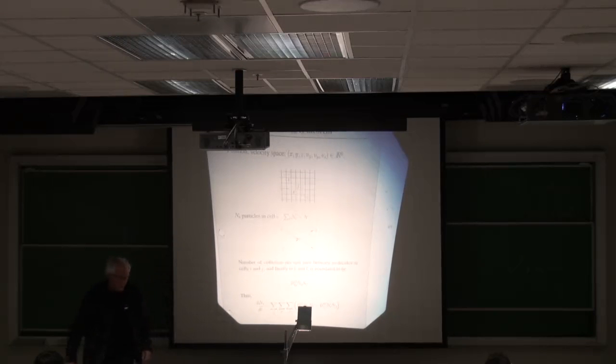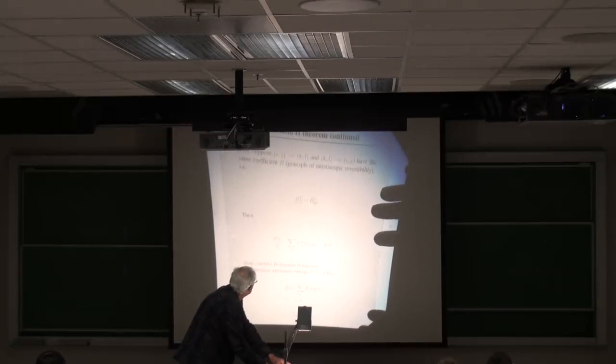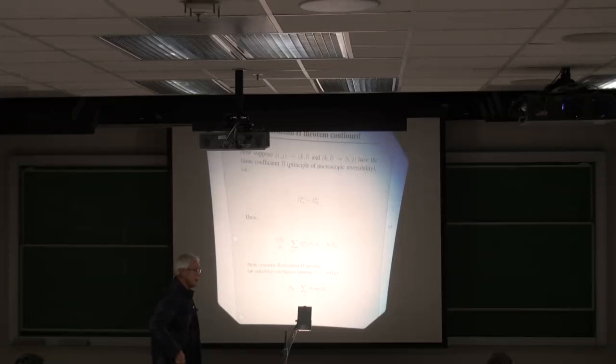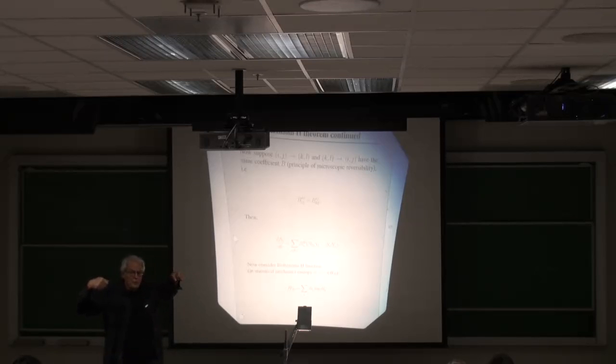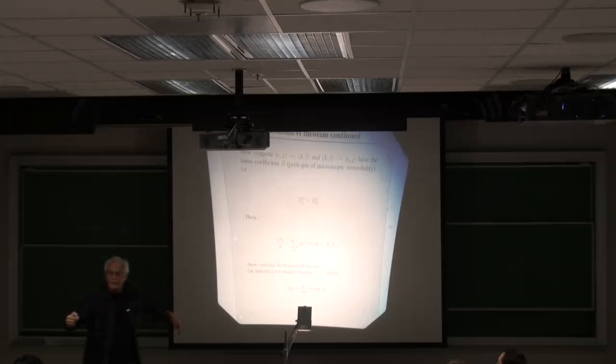Great. So now we go to the next step. We'll make one more assumption, that there's microscopic reversibility. If two molecules hit like this and go like that, if I reverse the time, they would hit like this and end up like that.